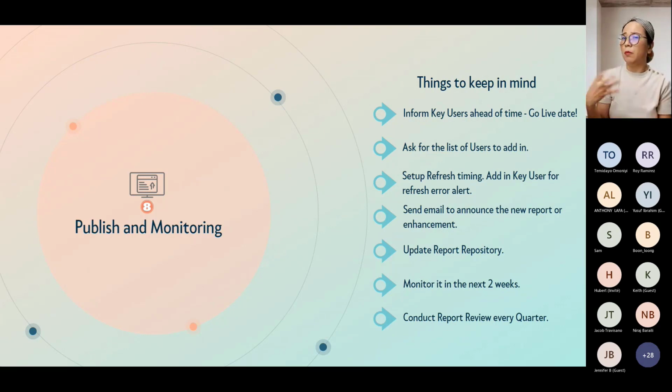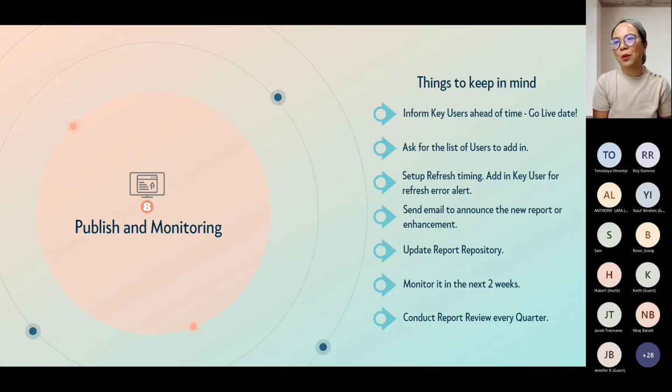So it's better to monitor it in the next 2 weeks, and then conduct a report review every quarter as well. Ensure that you do a quarterly review, because for me this is essential to check whether the report is being used or whether no one is actually viewing it. So what's the purpose of this report?